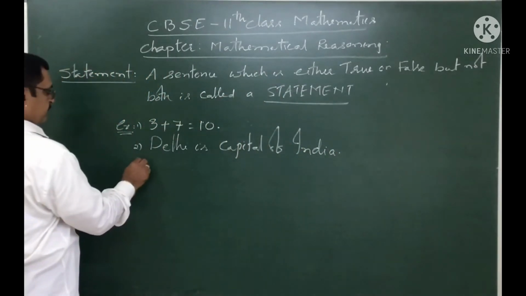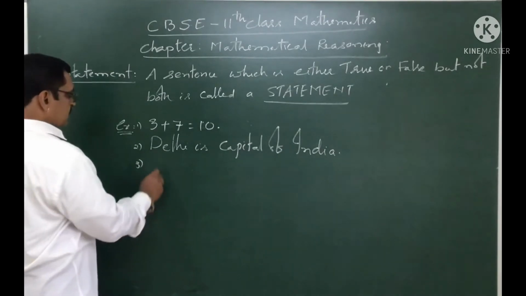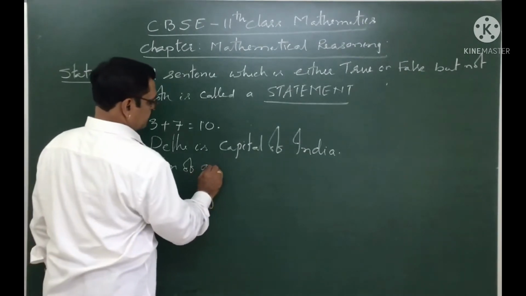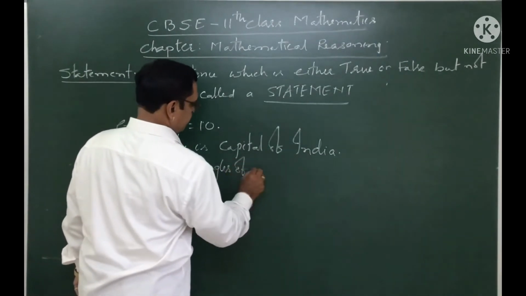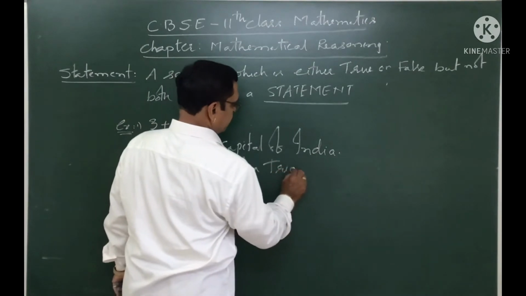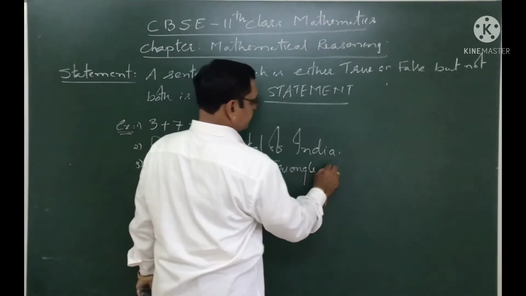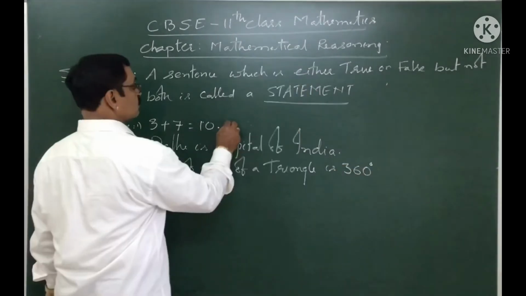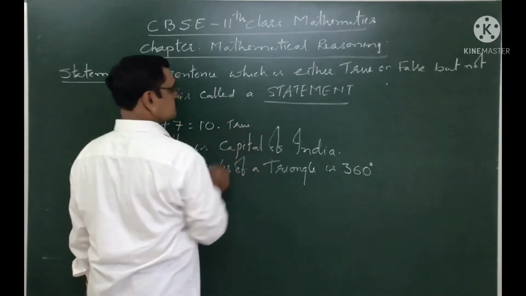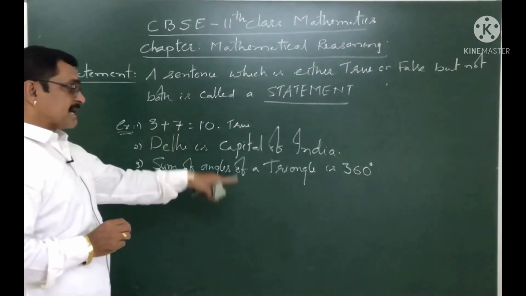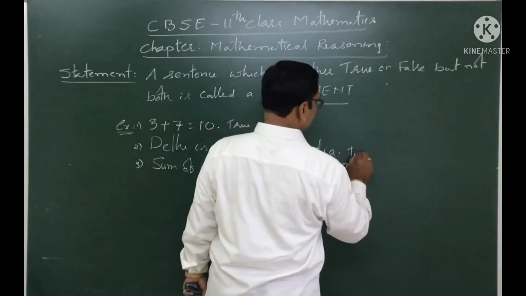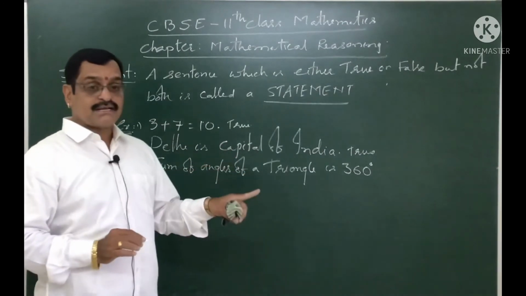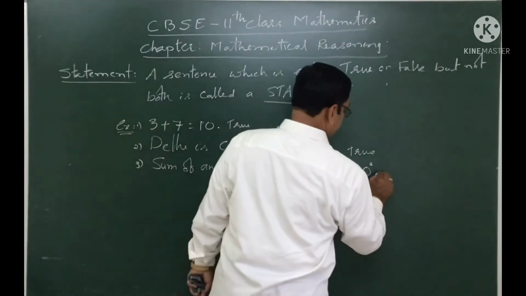Number 3, a mathematics example: the sum of angles of a triangle is 360 degrees. Delhi is the capital of India is true, and the sum of angles of a triangle is 360 is false.